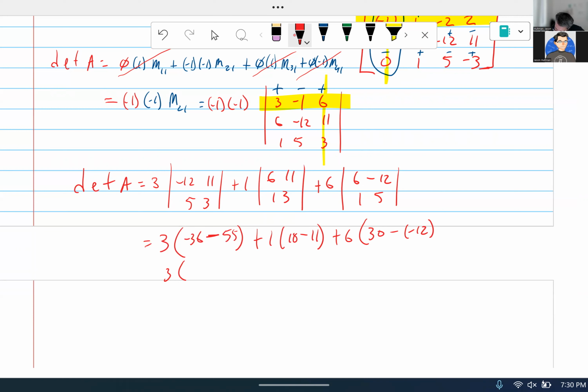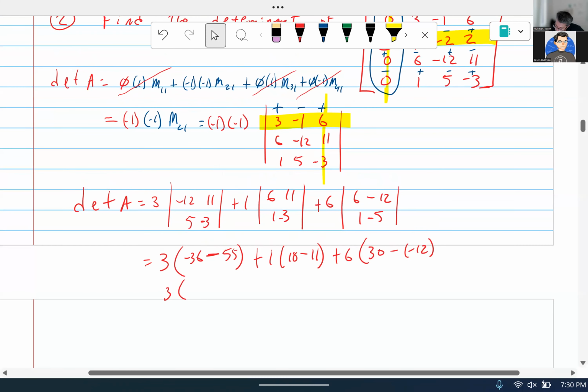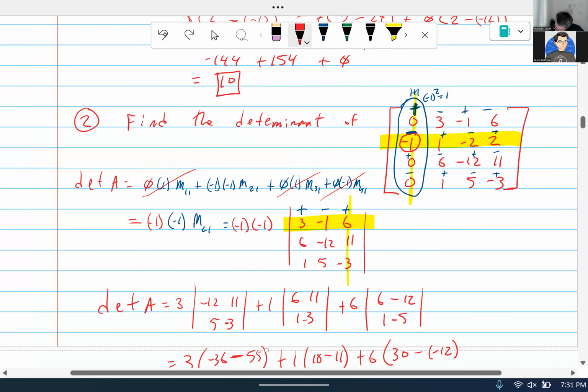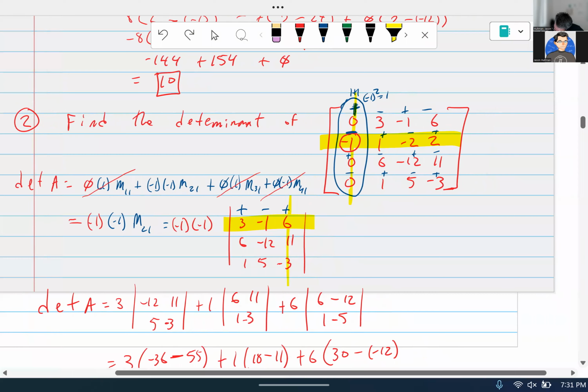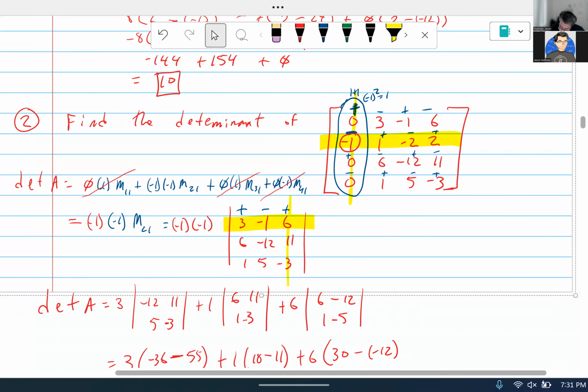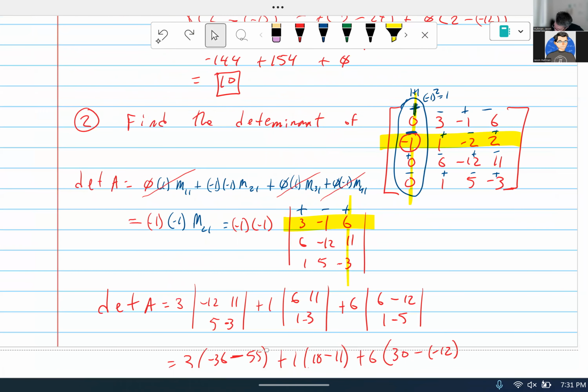I think I left off a negative here. Let's pull that negative back in so that we get the correct answer. Yeah, that was a negative 3 in the original right here.